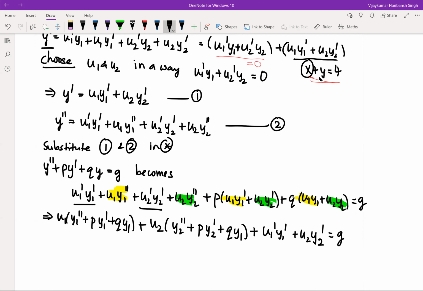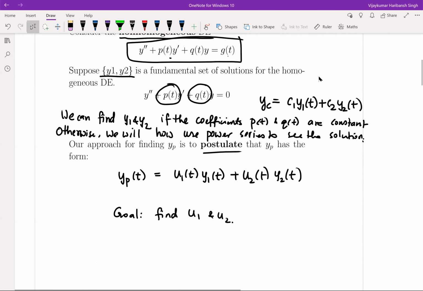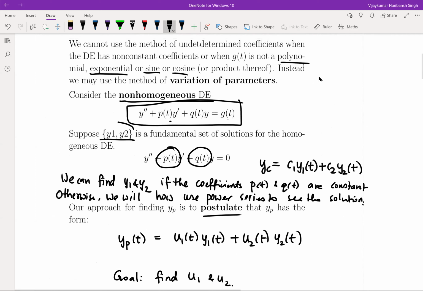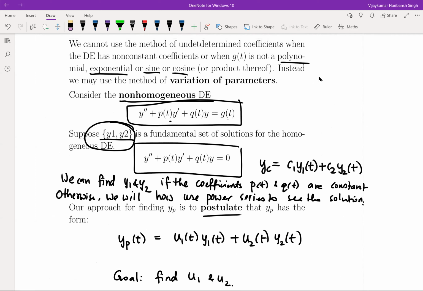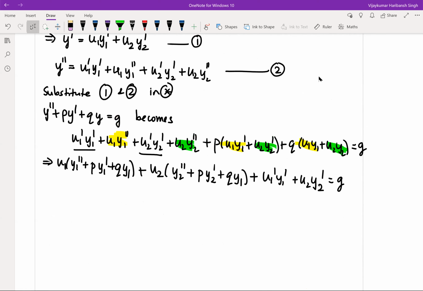So now note that y1 and y2 are the fundamental set of solutions to the homogeneous part, right? So that means those brackets will become 0. This is equal to 0. This is equal to 0. So what do we get from there?